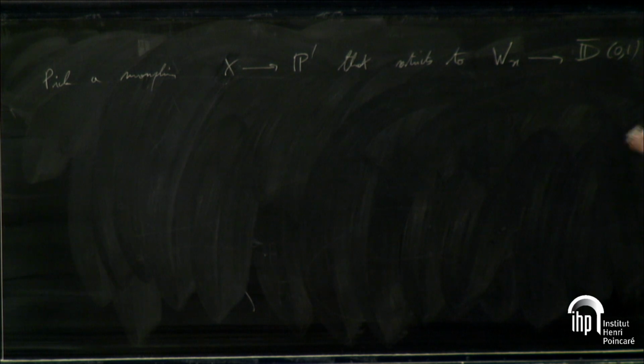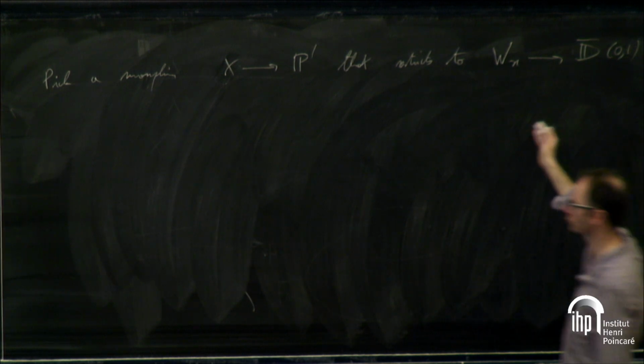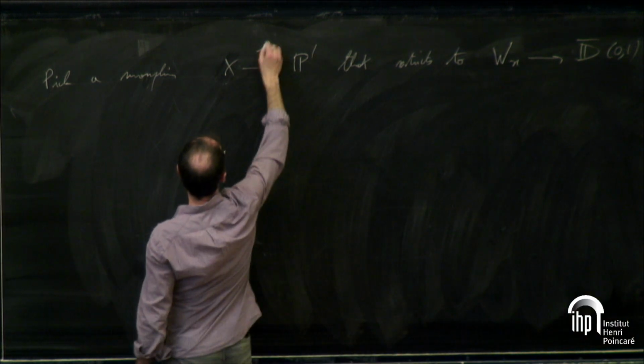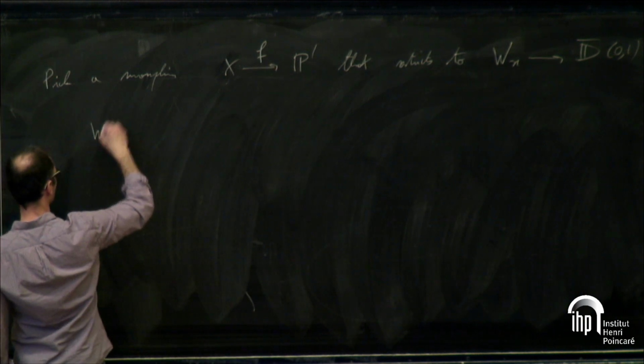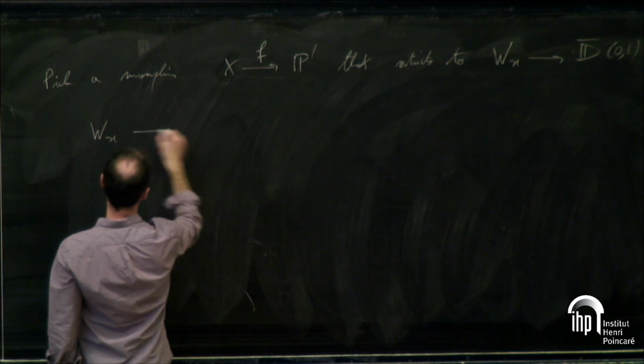This you can find, and you can find with very nice properties. This is not a problem. Morphism F. And how do you define this Wx? You just look at a map like this from Wx.